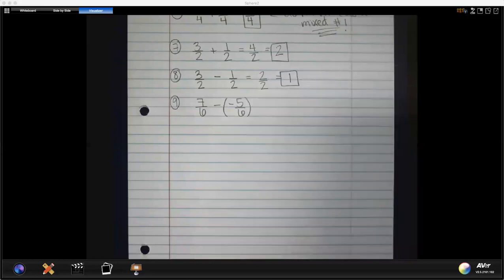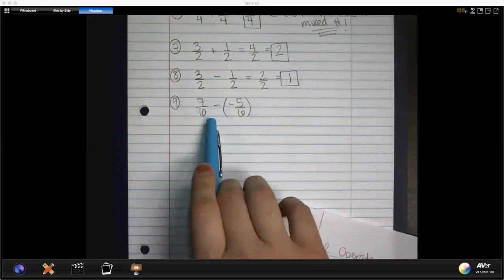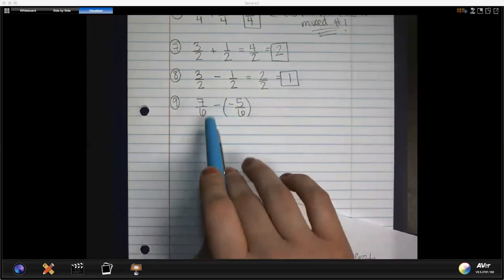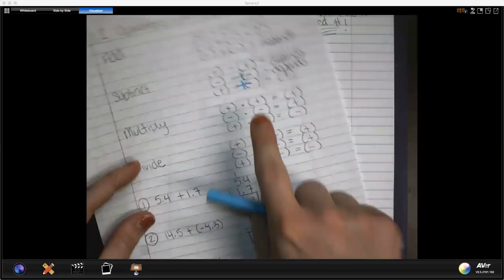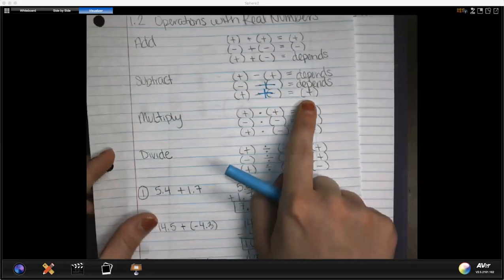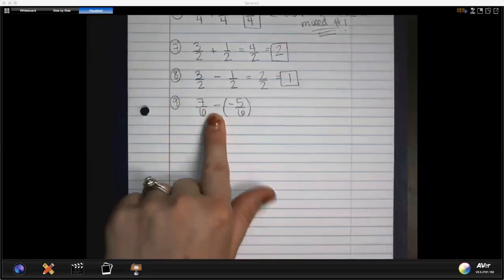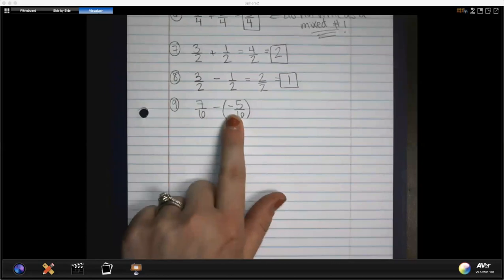I'll let you write it down and then I'll show you the front page again. So this is that weird case where you get a double negative effect, where you are subtracting a negative. When you do that, it becomes that positive value. Anytime you have a subtraction of a negative, it becomes positive.